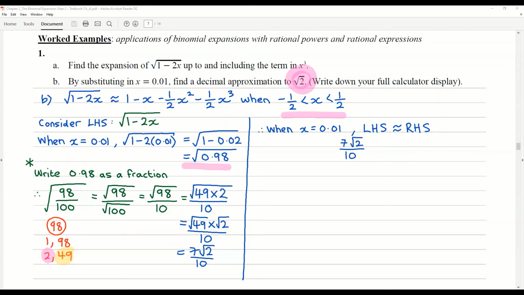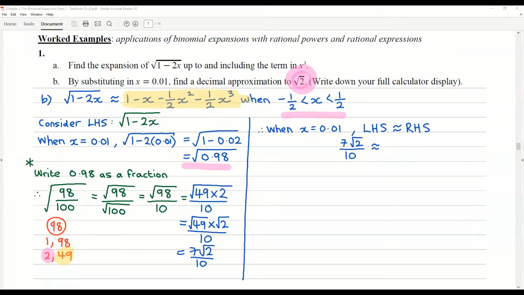We've just done all that work, which is approximately equal to, now what we have to do is we have to substitute the x equals 0.01 into the whole thing. So we have to substitute it into the right-hand side. Okay, in other words, we have to substitute it into all this. Okay, which is easy. We can do that on your calculator.